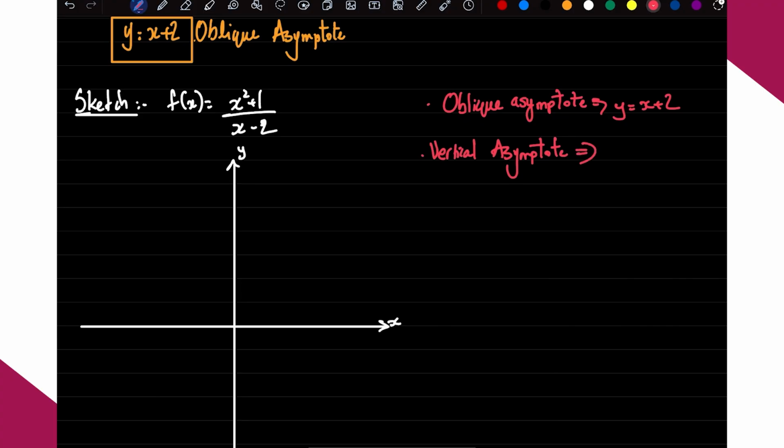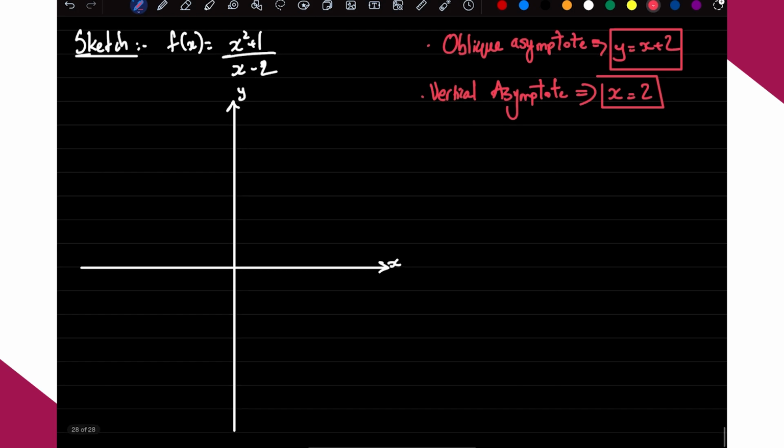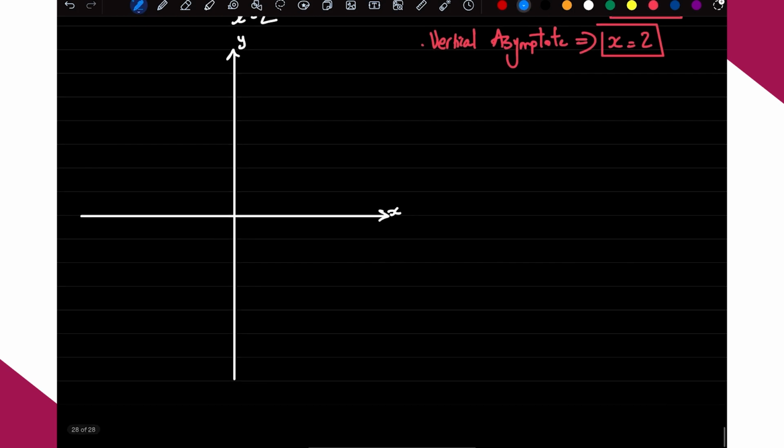And that's always when the denominator is equal to 0, so x equal to 2. Make sure you're making your workings as short as possible for the purposes of the exam. Now, we also want to mark them on the graph. So we've got x equals 2, so that's approximately this line right here. So that's x equal to 2.